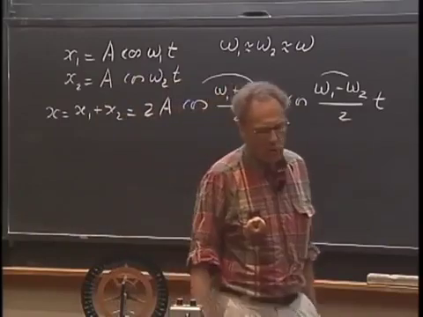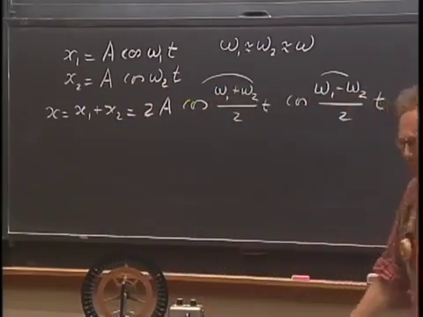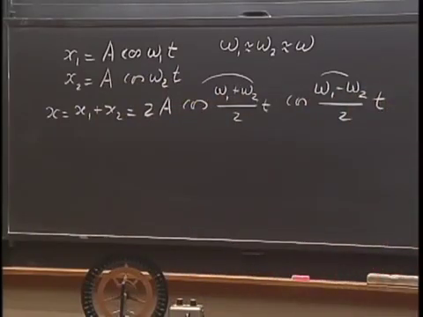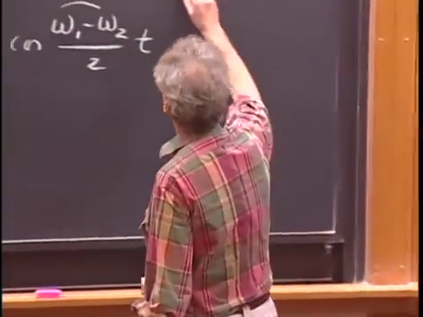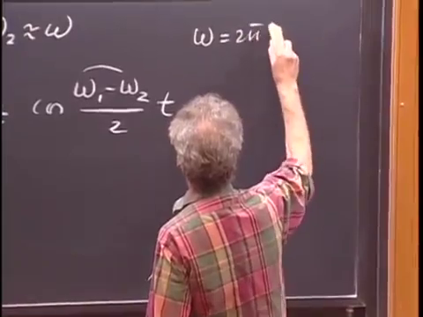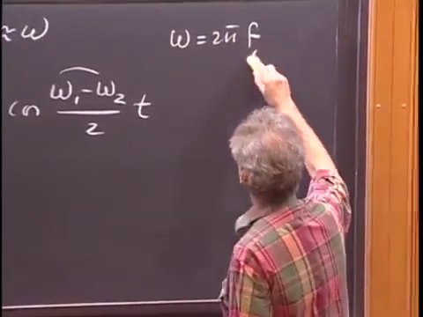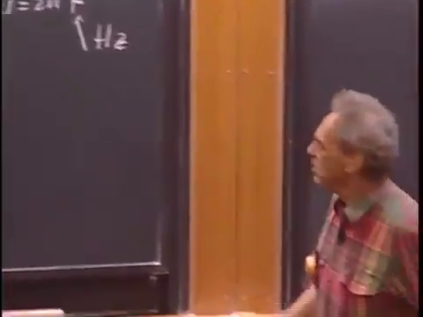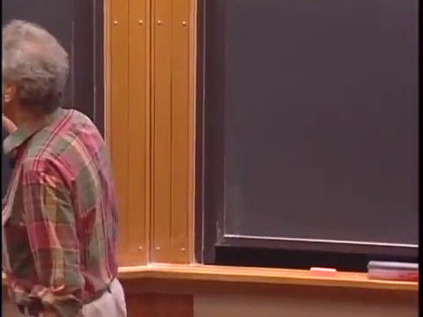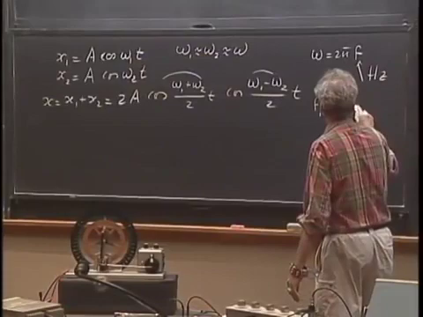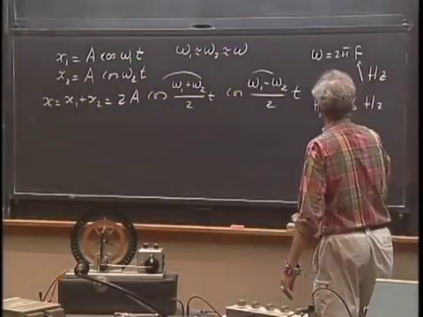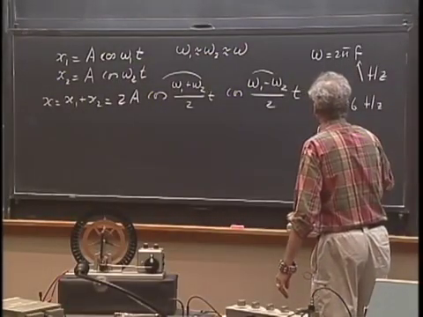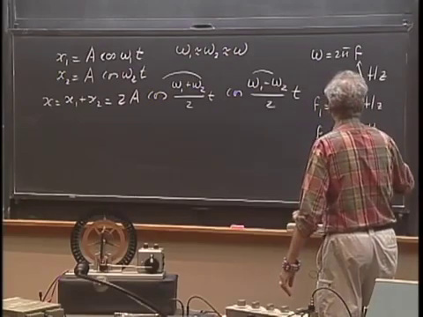And so if you change from the notation of omega in your head to frequency in hertz, which is a lot easier to think of, omega is 2 pi times the frequency f. This is in hertz, and this is in radians per second. Suppose you have an f1, which is 256 hertz, and an f2, which is 254 hertz.